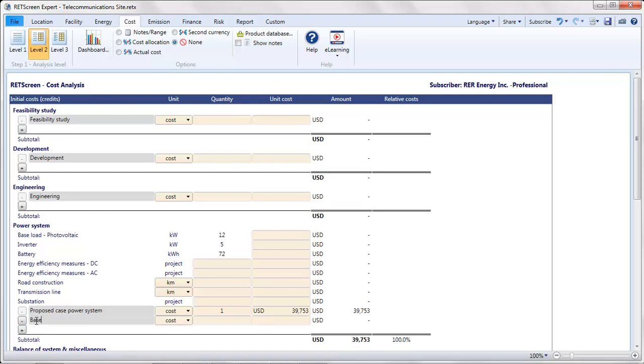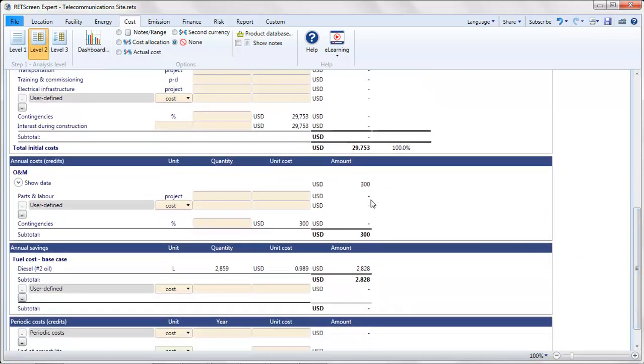So this is going to be a credit. And that credit is for one diesel genset installed, costing $10,000. And this, of course, then is subtracted from the $39,753 to get the incremental initial cost of the proposed case versus the base case, which is what we want.